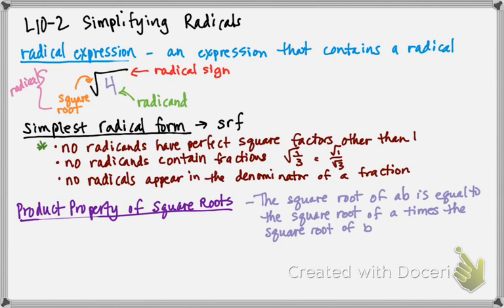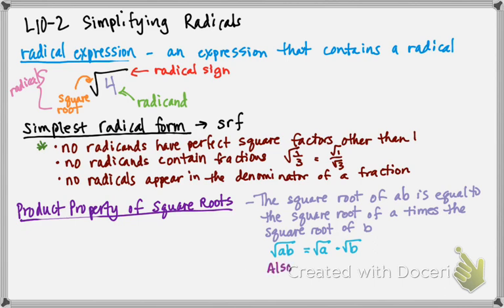Now, we're going to play it smart, and we're going to look for a factor that's a perfect square. If your product doesn't have a perfect square factor, then we just leave it as is. Okay? So, in other words, the square root of the product AB is equal to the square root of the factor A times the factor B. Now, to be honest with you, this property also goes the other direction, and we'll see that on the last two examples.